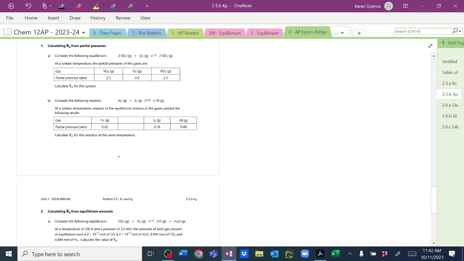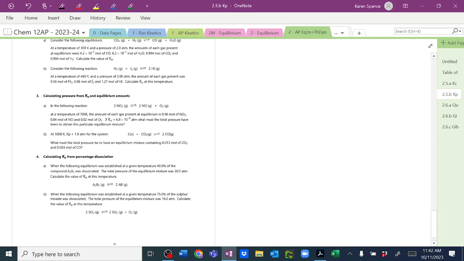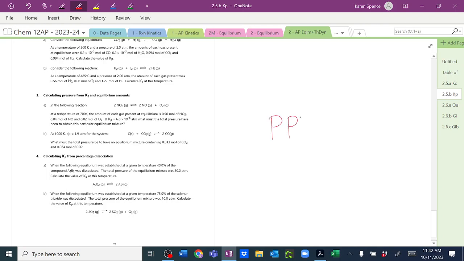Pages 9 and 10. And I think that should be enough. Yes? Don't do every single question if it's too much time. You'll notice that they all have an A and a B. You might just do the A's, right? Or something like that.